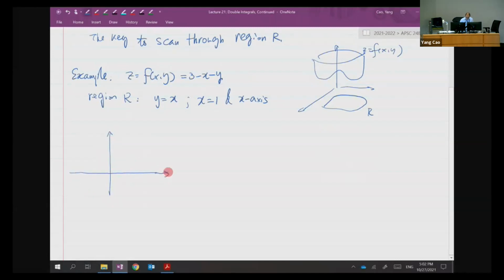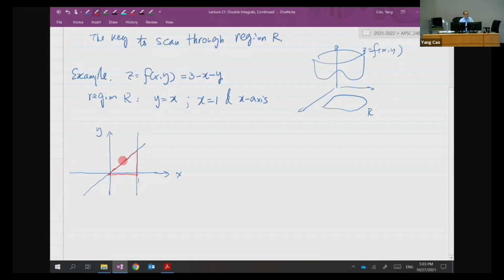In this case, we don't need to sketch the 3D surface at all, but sketching the region R is necessary. You sketch each of the boundaries: this is y equal to x, then x equal to 1, and then the x-axis, which is here. Basically you have this triangle as the region R.